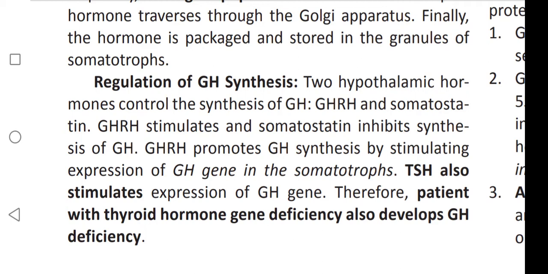Growth hormone releasing hormone promotes growth hormone synthesis by stimulating expression of the growth hormone gene in the somatotrophs. Thyroid hormone also stimulates expression of the growth hormone gene. Therefore, patients with thyroid hormone deficiency also develop growth hormone deficiency.